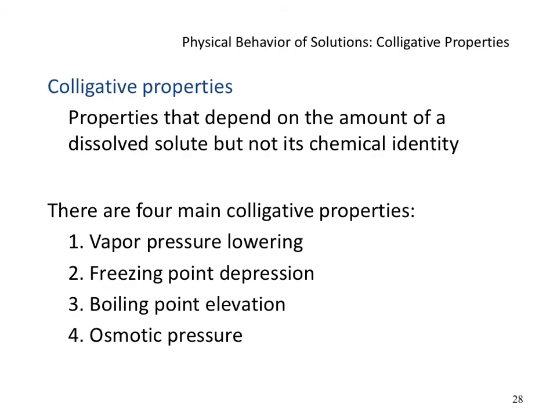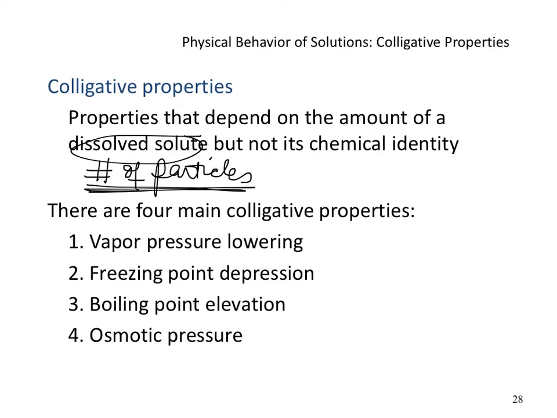Okay, let's discuss colligative properties. Colligative properties are those properties that basically depend on the amount of the dissolved solute, or rather I should say the number of particles. So how many particles are present, but not the chemical identity of it.